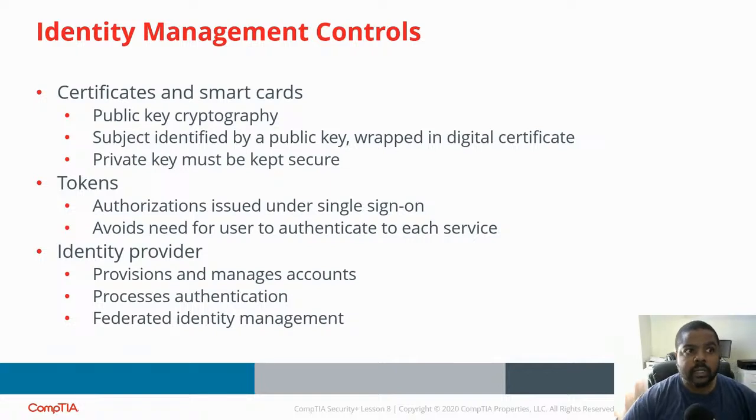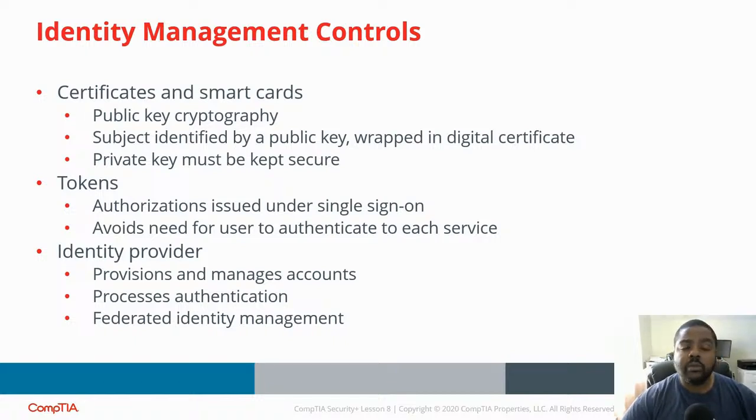So when we're jumping into identity access management, there's a bunch of controls we can put in place in order to help us be more secure when we're giving access to people, and also validating their authorization. So we can use certain things like certificates and smart cards. A lot of certificates you'll see used when it comes to public key cryptography.